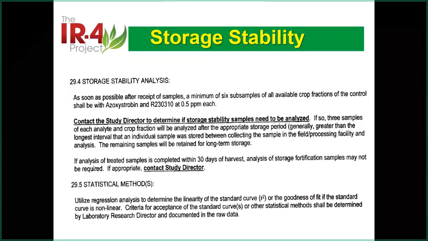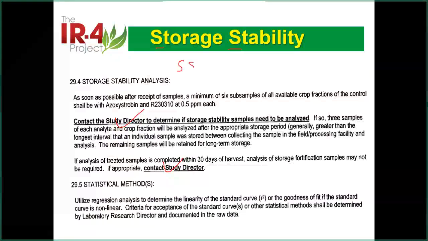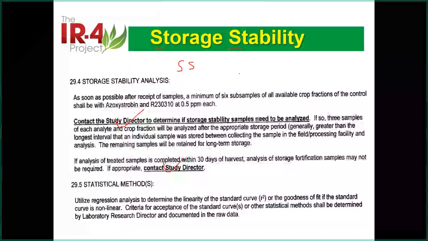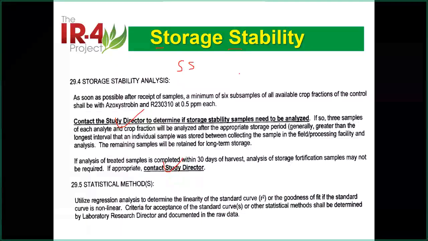This is the requirement. Same thing, if something is wrong, contact the study director. The SS, we call that S and S, has the same requirement as MV. MV is at the very beginning: you spike, and you extract right away.